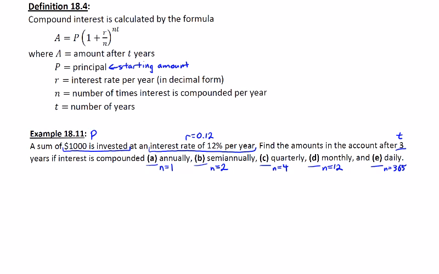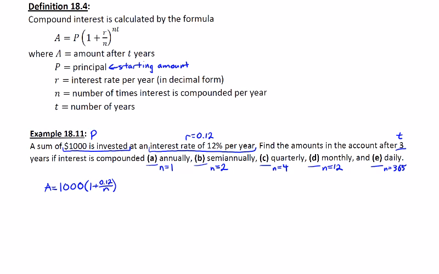So I'm going to come up with a general formula for this. So we have A equals 1,000, where the capital P goes, times 1 plus r, which is 0.12, and then I'm just going to leave n as a variable for right now, because that's what's going to change as we do the different calculations.